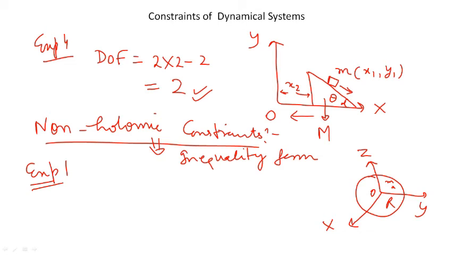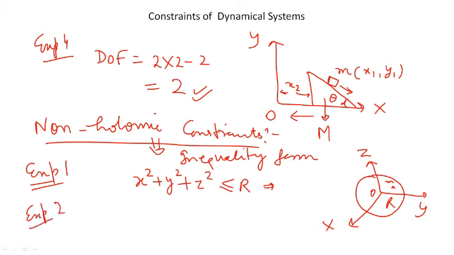So the equation for this condition will be x square plus y square plus z square is less than or equal to r square. So this is in inequality form, right? So this type of problem will be treated as a non-holonomic constraint.